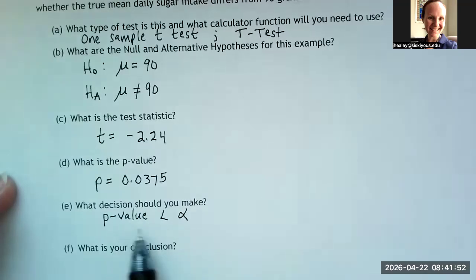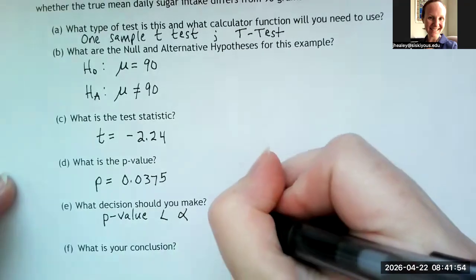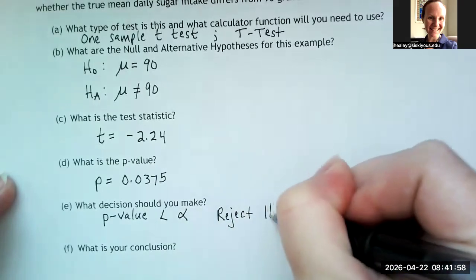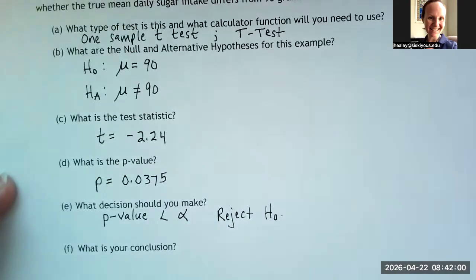If your p-value is low, the null must go. So we're going to reject our null hypothesis.